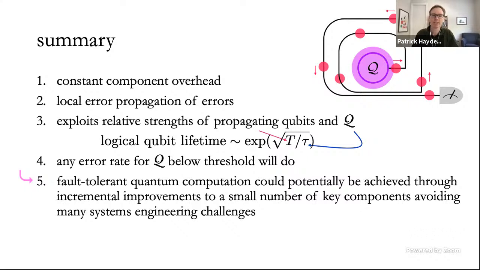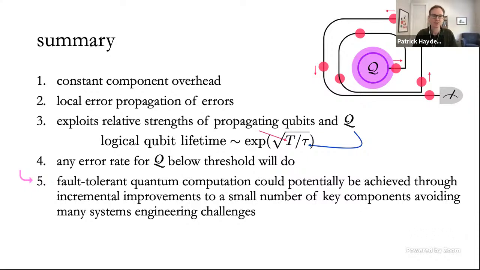Now, we were careful in the title of this paper to say fault-tolerant qubit rather than fault-tolerant quantum computer, because we've really only made one qubit, or with this toric code, you can make a small number of qubits. Because there is some maximum size for the cluster state at any given noise rate in the delay line, you're not going to be able to pack as many qubits as you would like inside that cluster state, right?